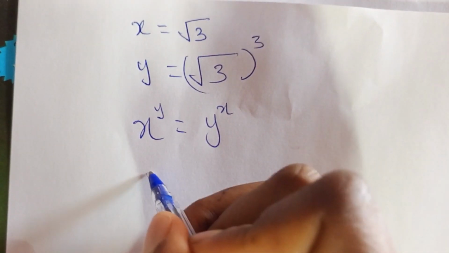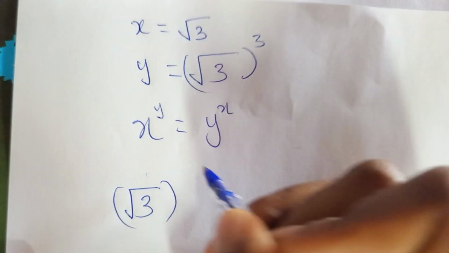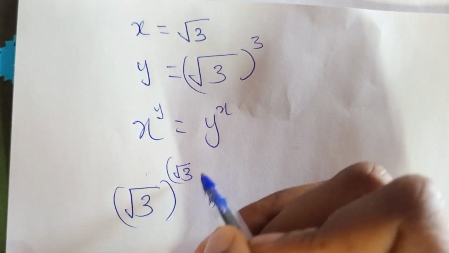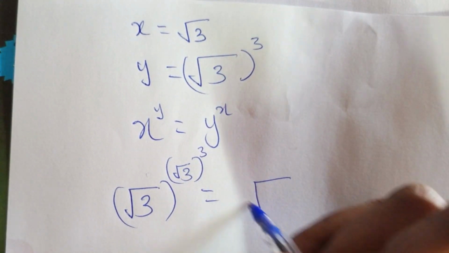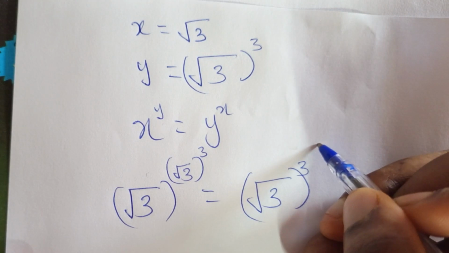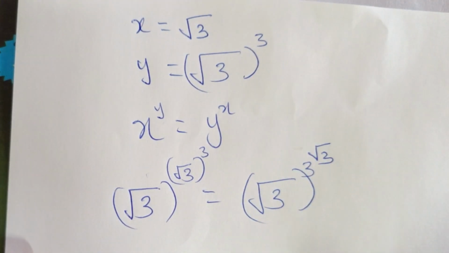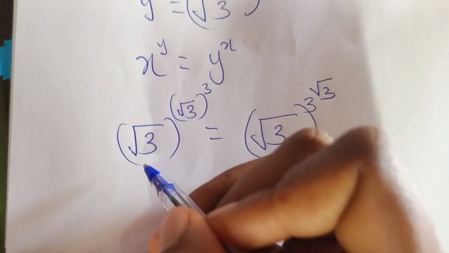So x is root 3 raised to power y, which is root 3 raised to power 3. And y is root 3 raised to the power of 3 raised to the power of root 3. So let's write the root sign in fraction form.